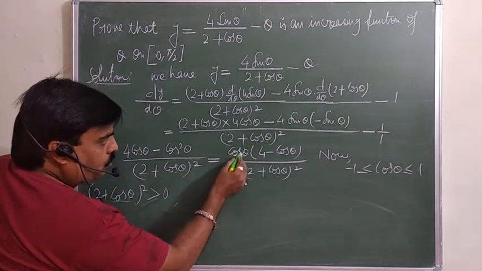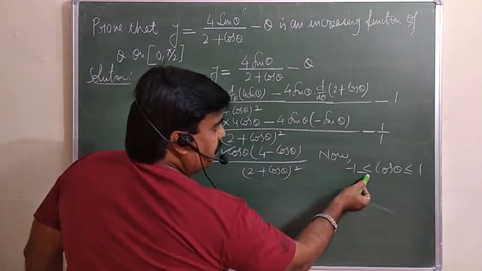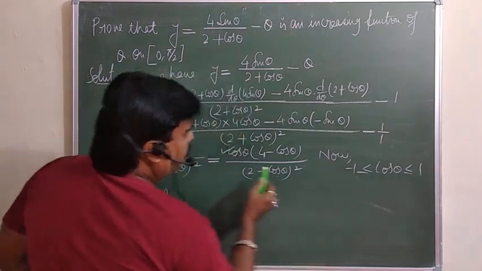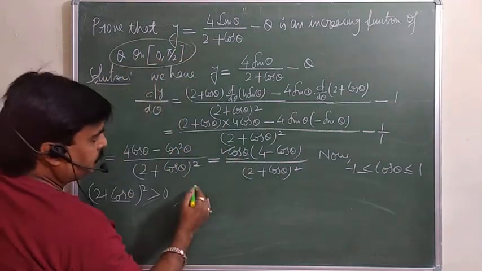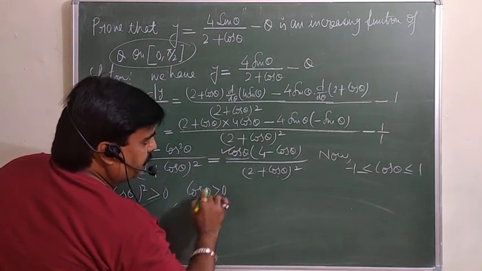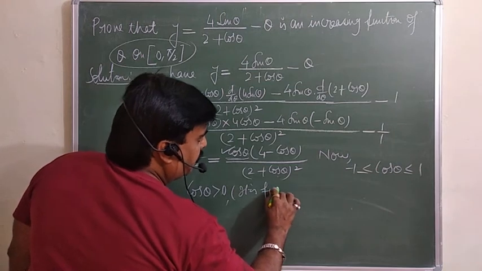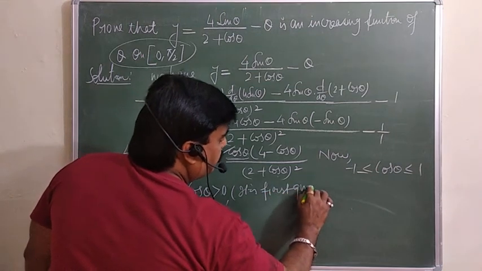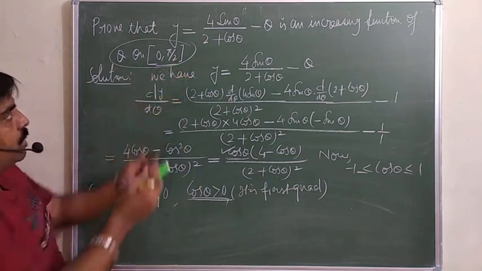Now if we talk about cos theta, the value of cos theta is greater than or equal to minus 1, but since theta is lying in the first quadrant, cos theta will also be positive, greater than 0, because your interval is 0 to pi by 2.